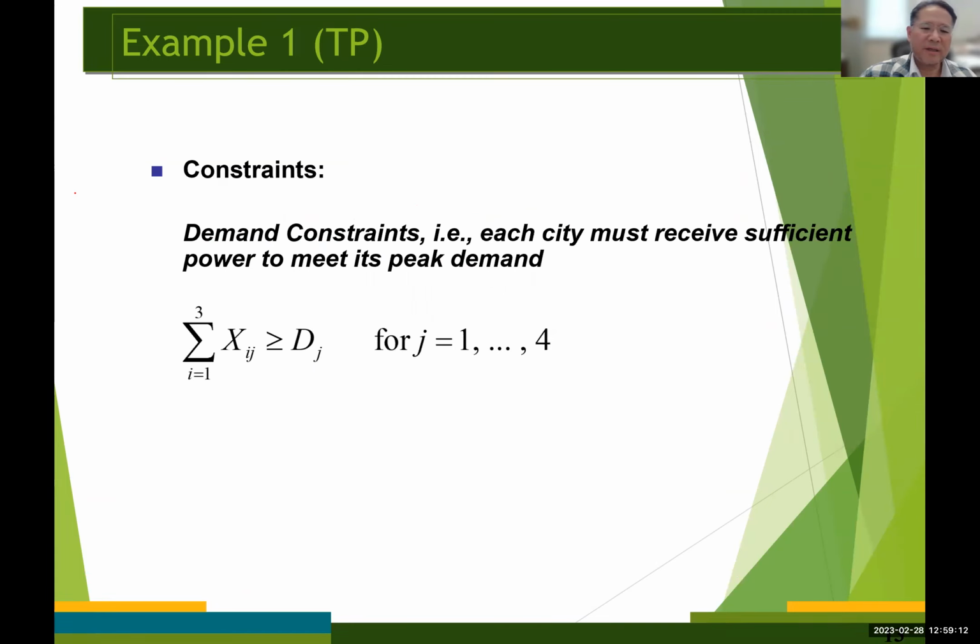The next constraint is what we call the demand constraint. That ensures that each city will receive sufficient power to meet its peak demand, because each city is a demand point. So that is called demand constraints.